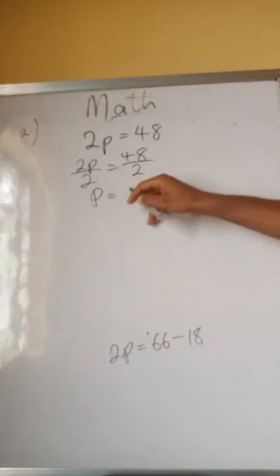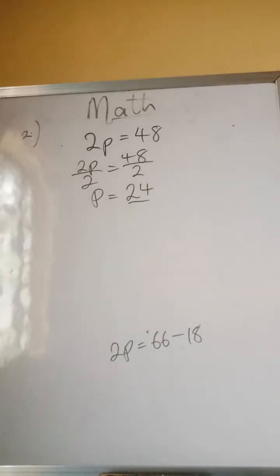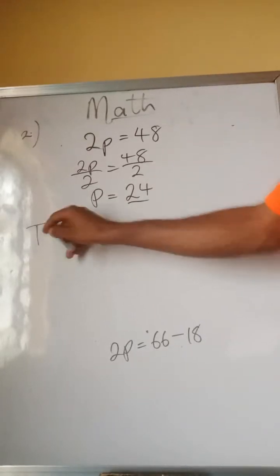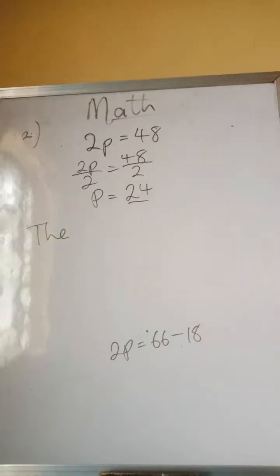That means P is 24. So the question is, when will the sum of the ages be 66? The sum of the ages will be 66 in 24 years.